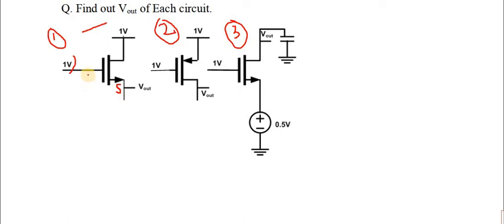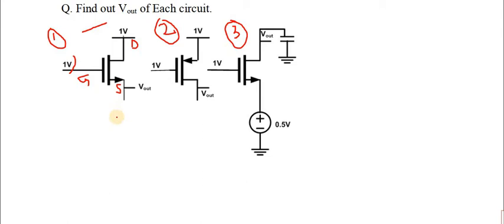This is the source terminal, gate terminal and drain terminal. So if you see it carefully, 1 volt VDD is applied and at the gate also 1 volt is given. So if you see this first circuit carefully, it is a source follower.